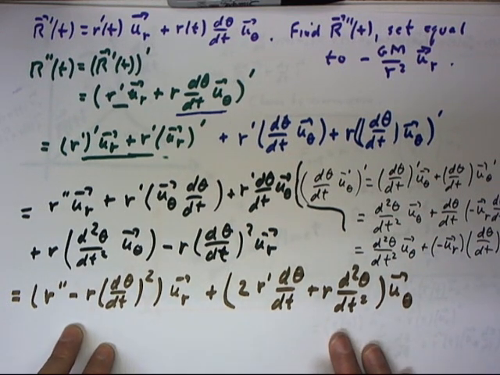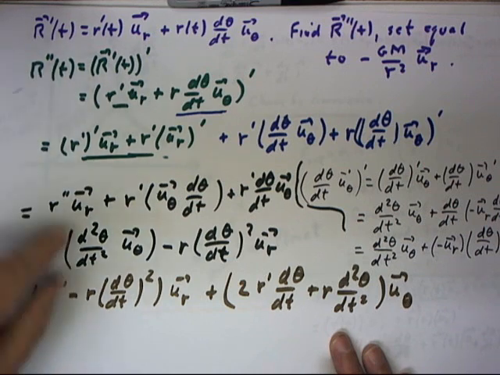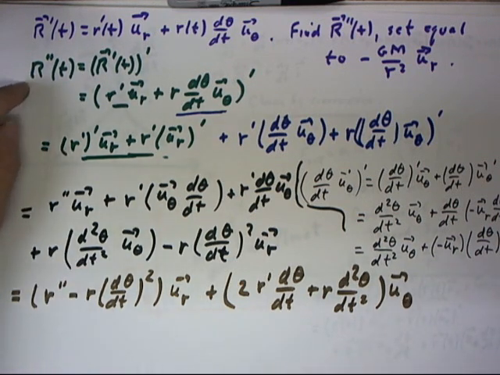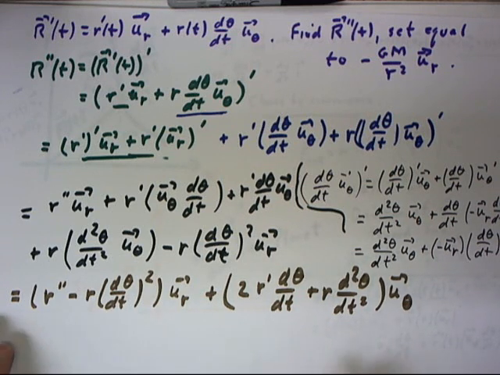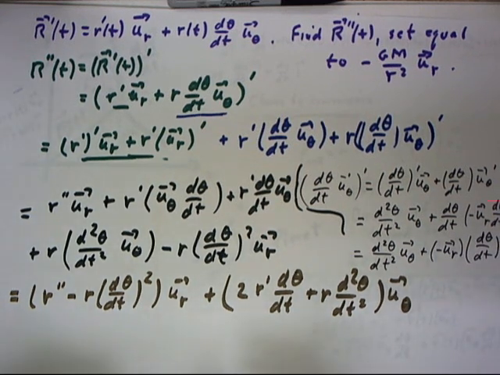Now we've got a general expression for the second derivative of any position function, where the position function is r of t equal to scalar r of t multiplied by u sub r.